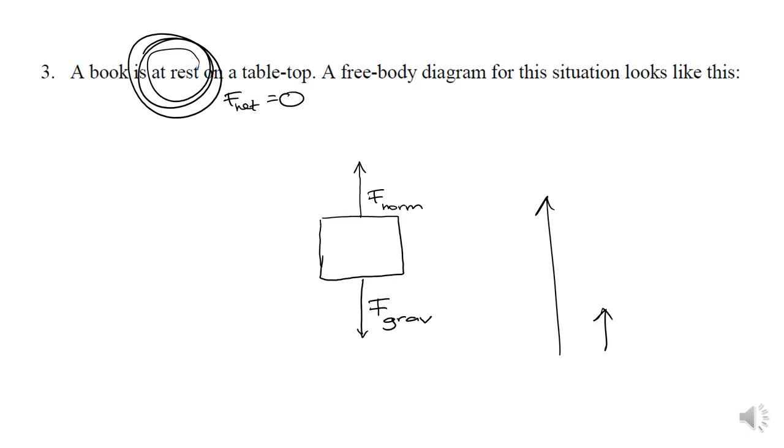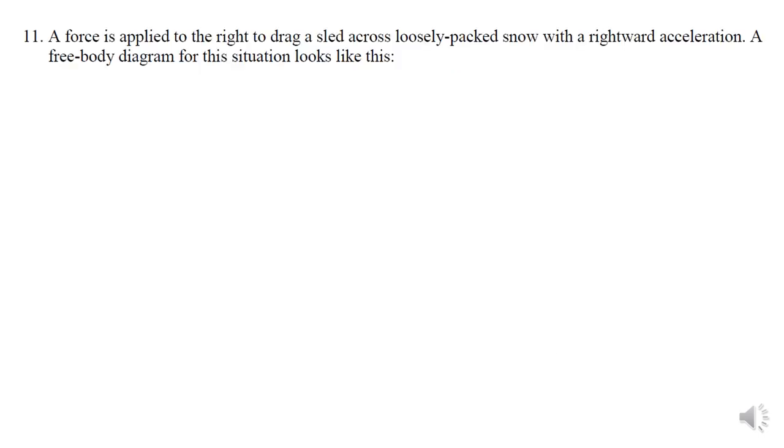Okay, I think the second one I picked did have unbalanced forces in it, which is why I chose it. So let's do this last one. I have a sled. I have a force being applied to the right, and it is accelerating right. So my F net is going to be not equal to 0.